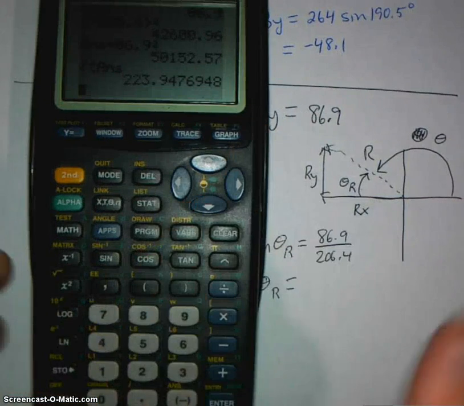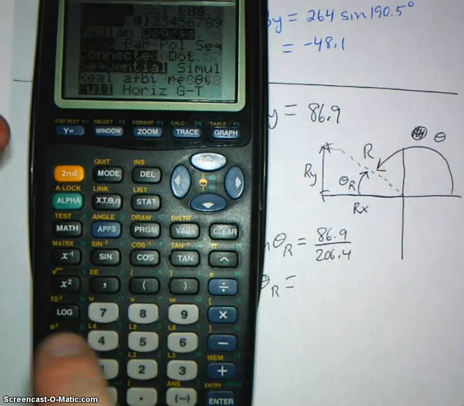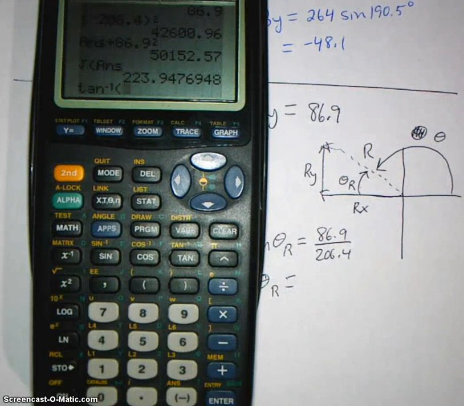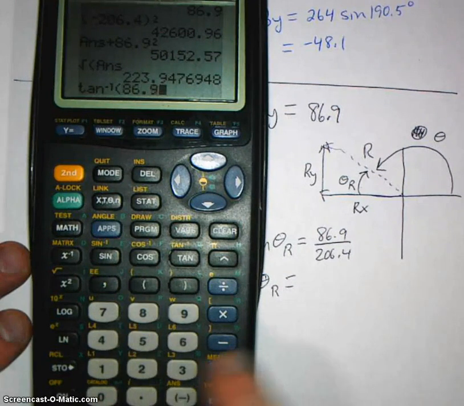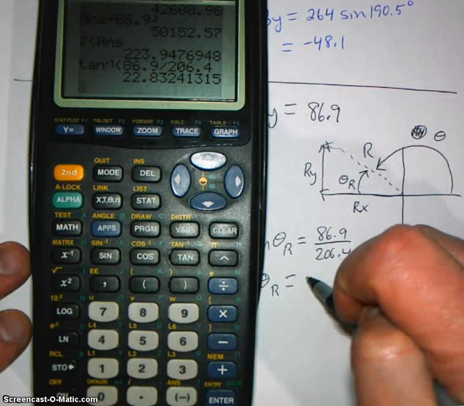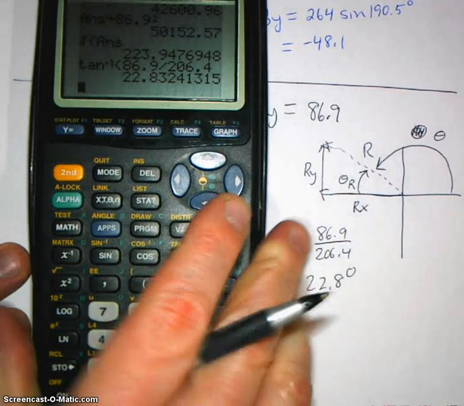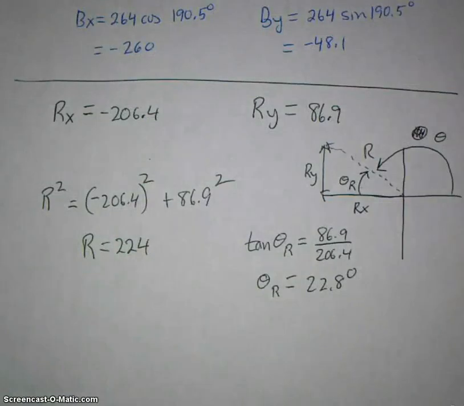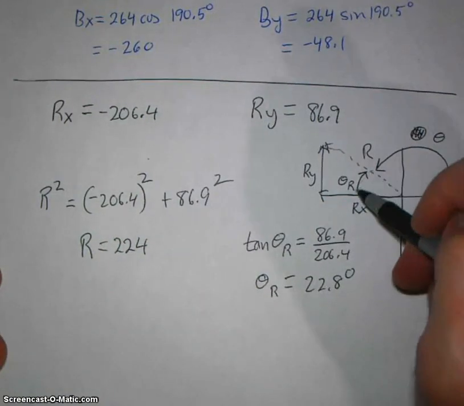I use my tan inverse. Make sure I'm in degrees, I am, that's good. Tan inverse of 86.9 divided by 206.4. That's 22.8 degrees. But again, that's not the right answer, but it's close. That's the reference angle, that's the angle in here.